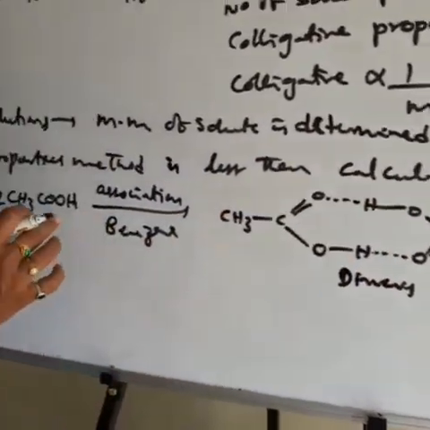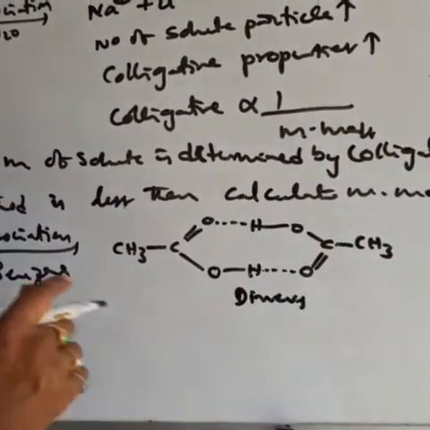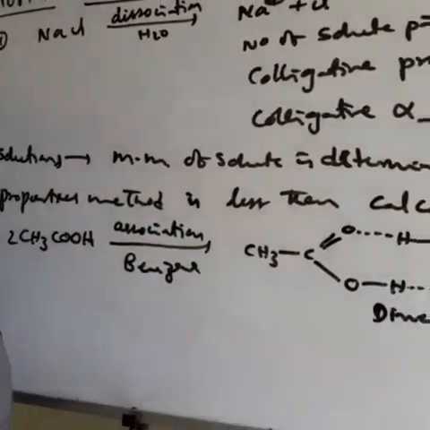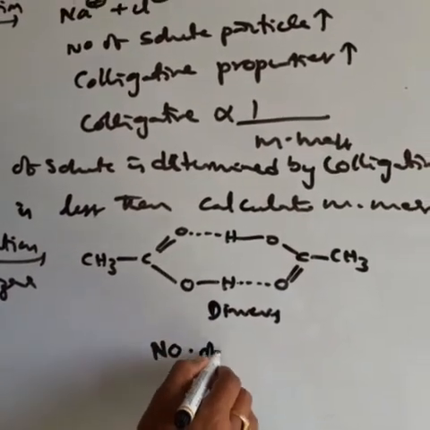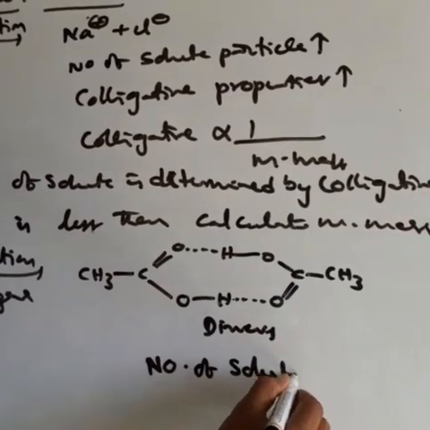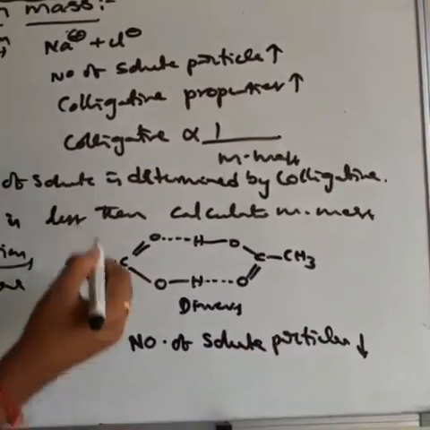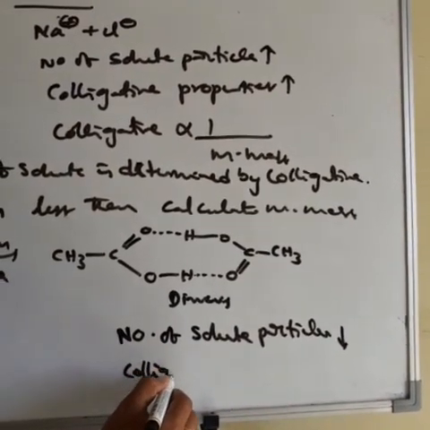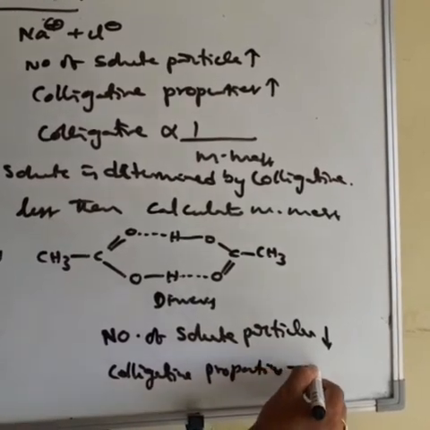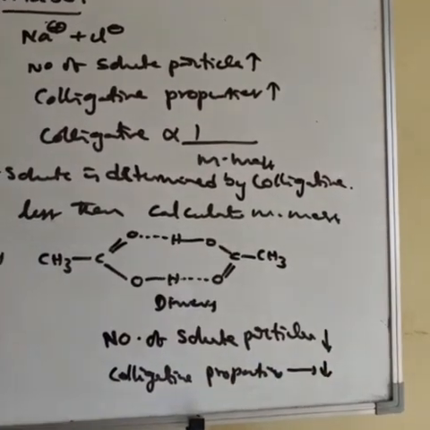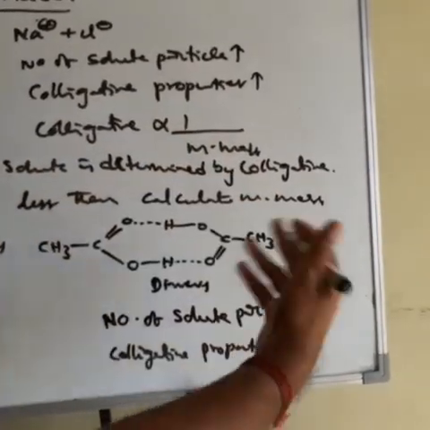Here acetic acid undergoes association to form a dimer. We take two particles, but in solution they form one molecule, so the number of particles in solution decreases. Due to the dimerization, the number of solute particles decreases, so the colligative property also decreases. Molecular mass is inversely proportional to colligative property, so the molecular mass increases.